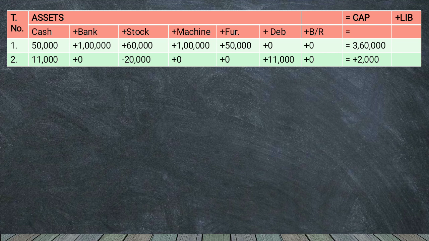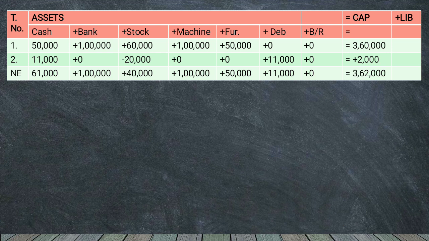So capital will increase by 2,000, and total sales amount will be 22,000. Out of 22,000 we have received 50% in cash, and the rest, 50%, is a credit transaction. So because of the cash transaction, our cash will increase by 11,000 and our debtors will increase by 11,000.